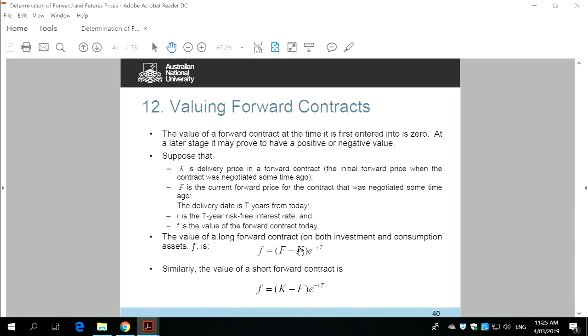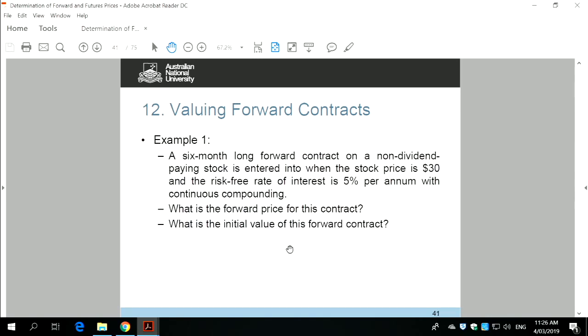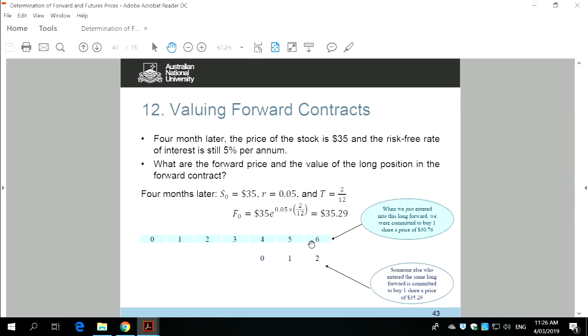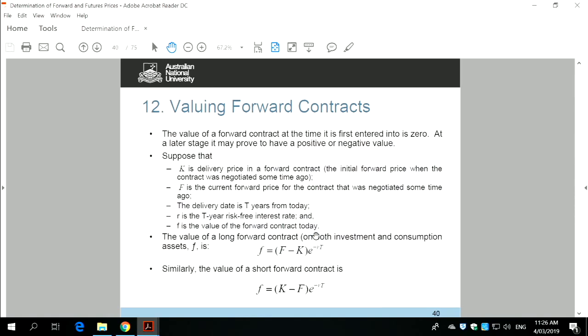Then 4 months later, of course, you have an updated forward price based on the updated spot price. So this capital F represents the updated forward price. And the difference is only happening at the maturity date. So that's why you have to discount it back. Right? So that is the formula for the long forward contract.